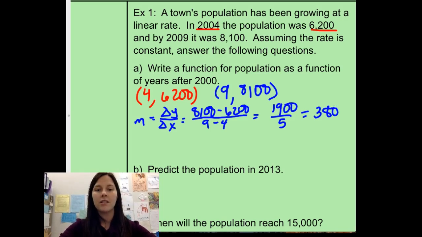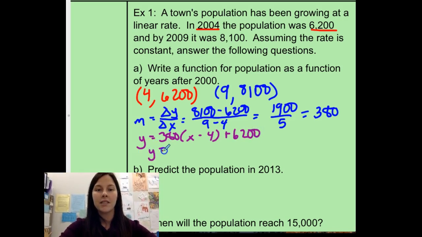Next, we can use point slope form to get the equation of the line. So we have the slope times x minus the x coordinate for either point you choose. I'm going to use the first one just because it has smaller numbers, plus the y coordinate of that same point.